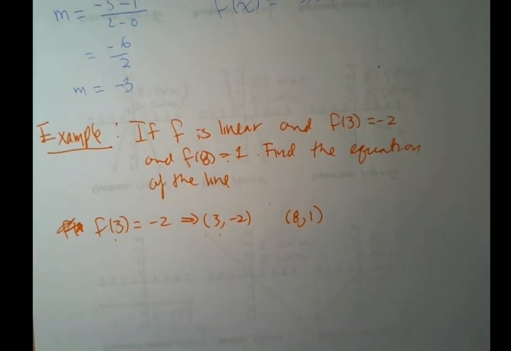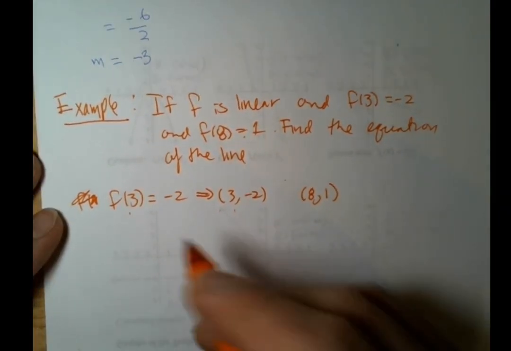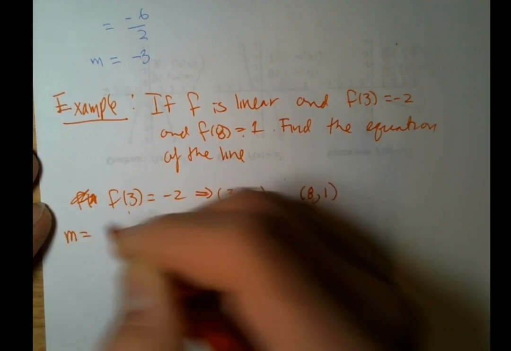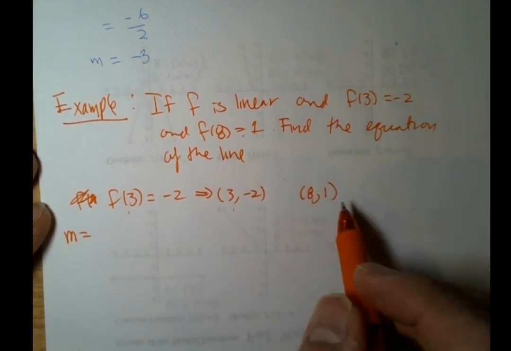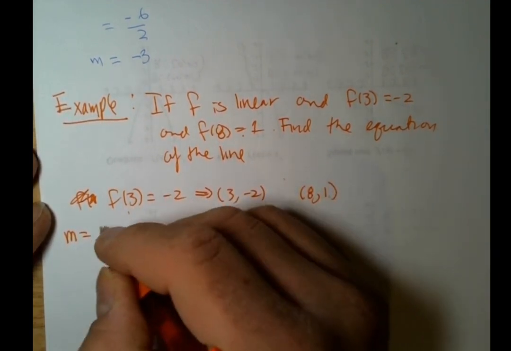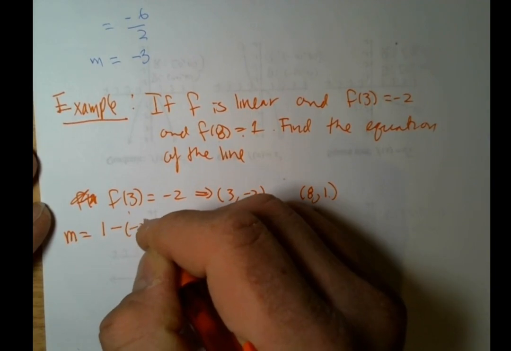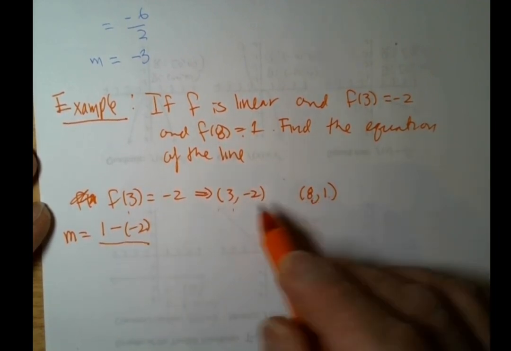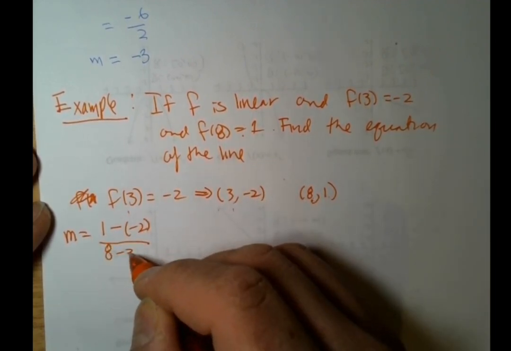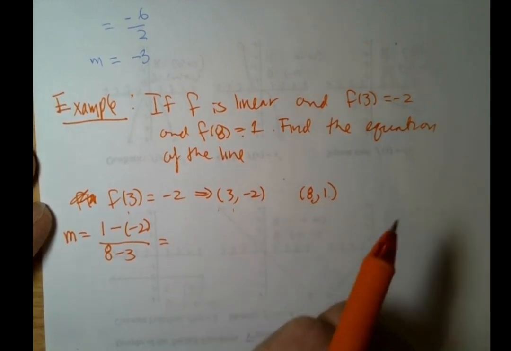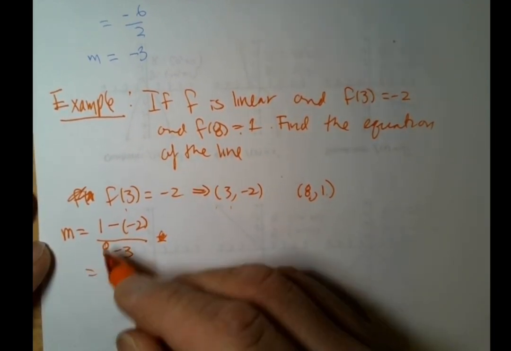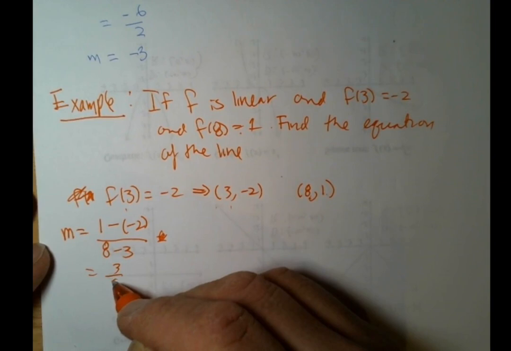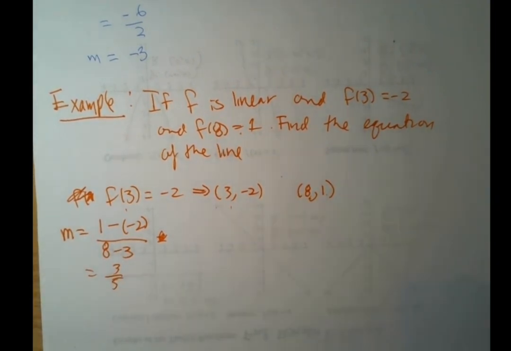Okay, so let's start off by finding the slope. All right, so change in y, so we'll do 1 minus a negative 2, and 8 minus 3. So here we have 3 over 5. Okay.